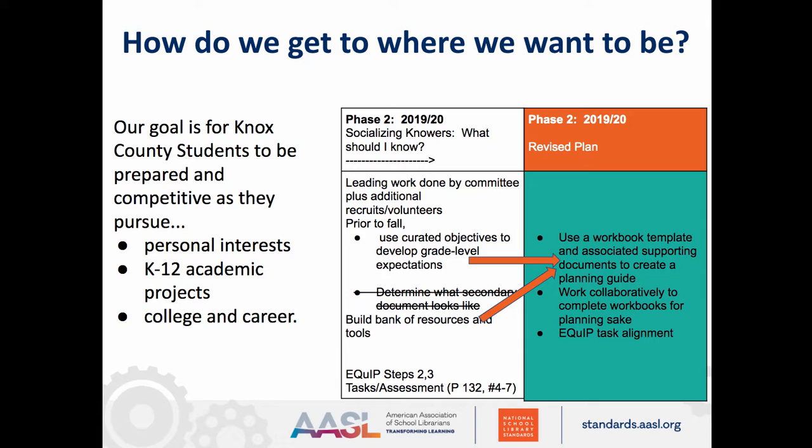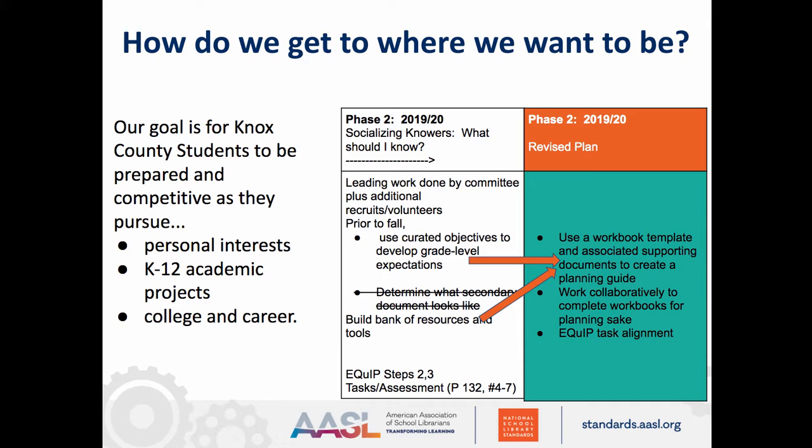So the teal and orange box on the right holds what we have revised and what we'll be working towards during the 19-20 school year. You'll see on there that we will be using a workbook template. Again, there's that workbook I mentioned. That workbook has some associated supporting documents. You'll be using all of those things in conjunction to create a planning guide for yourself.